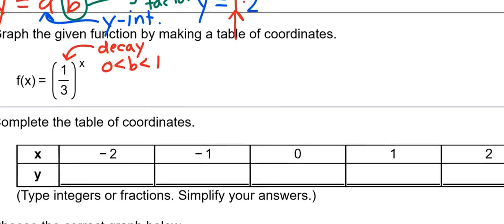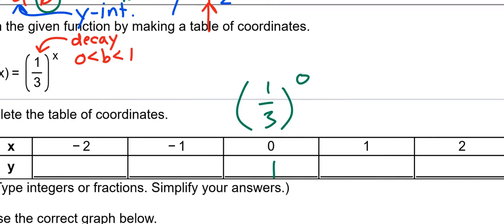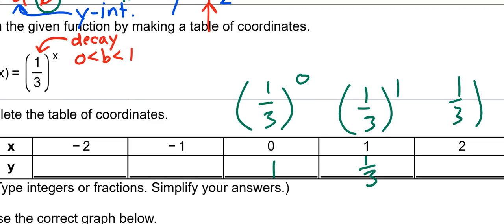All right, let's take a look at this example. What do we get when we take 1/3 to the 0 power? No, we do not. We get a 1, thank you very much. Anything to the 0 power is 1. We already talked about that. How about 1/3 to the 1st power? That's just 1/3, right? How about 1/3 to the 2nd power?